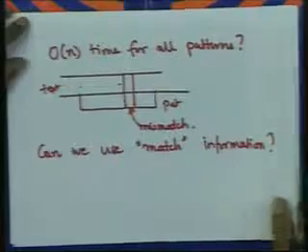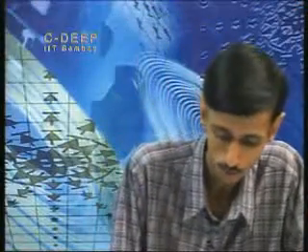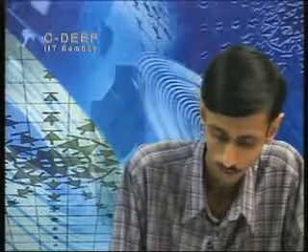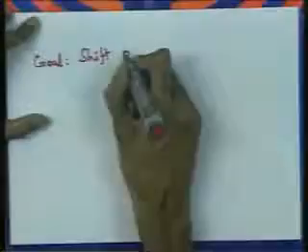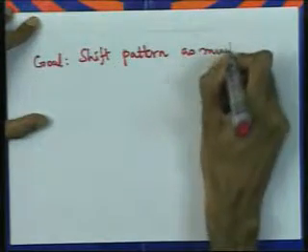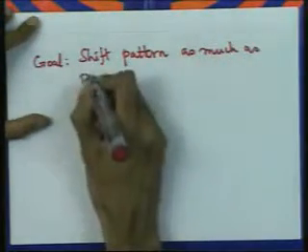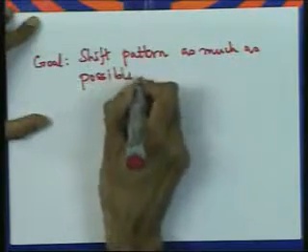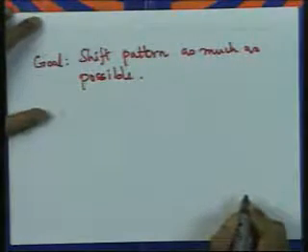What we would also like to do, like in the previous case, is try and shift the pattern as much as possible. So here's one goal: shift pattern as much as possible. What does this mean?